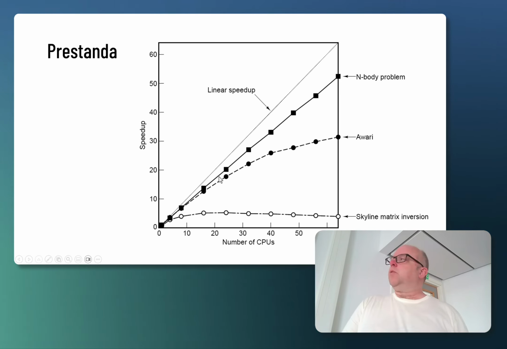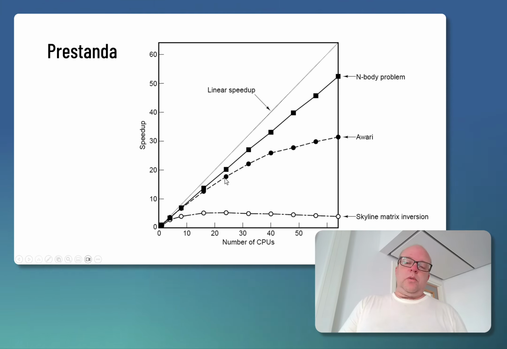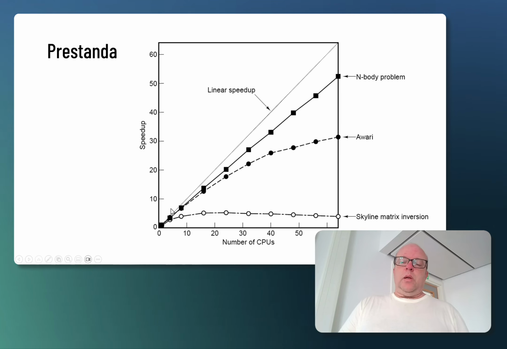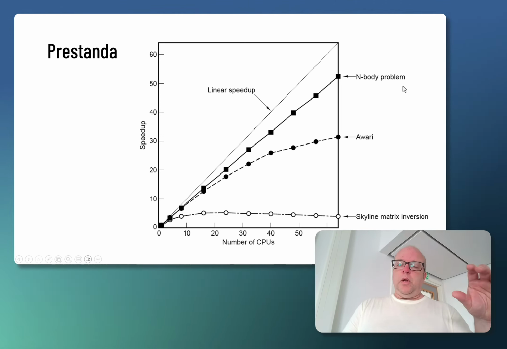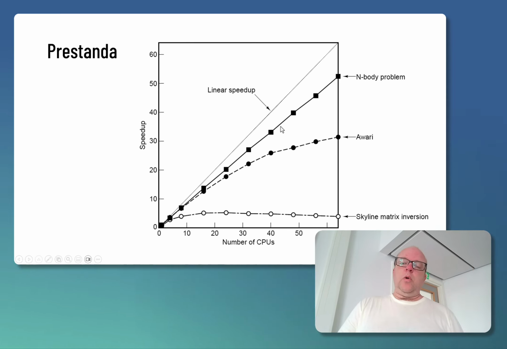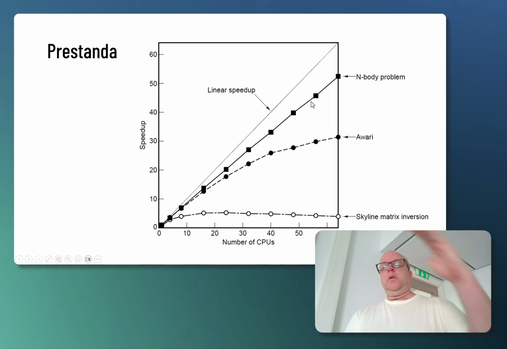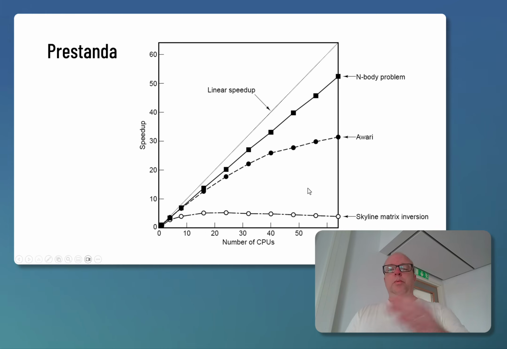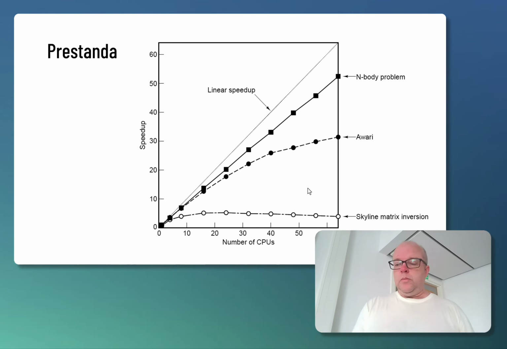But usually, not all programs scale as well. You can see here that in the n-body problem, like molecular simulations, you can scale almost linearly, but it drops off the more processors you add, and that has to do with the communication between the processors, that the network becomes saturated and a bottleneck.